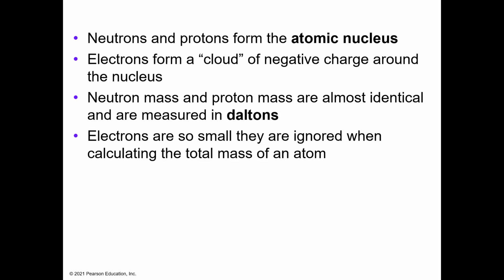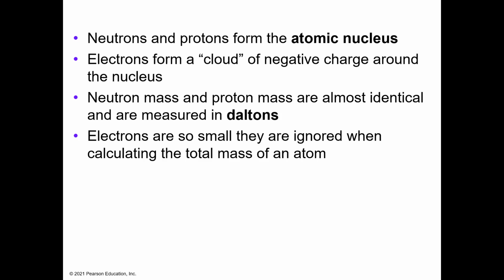Electrons are attracted to the protons of a nucleus. They are attracted to it and they form a cloud because they are traveling around the nucleus. They actually are traveling in orbits, but we'll get to that later.